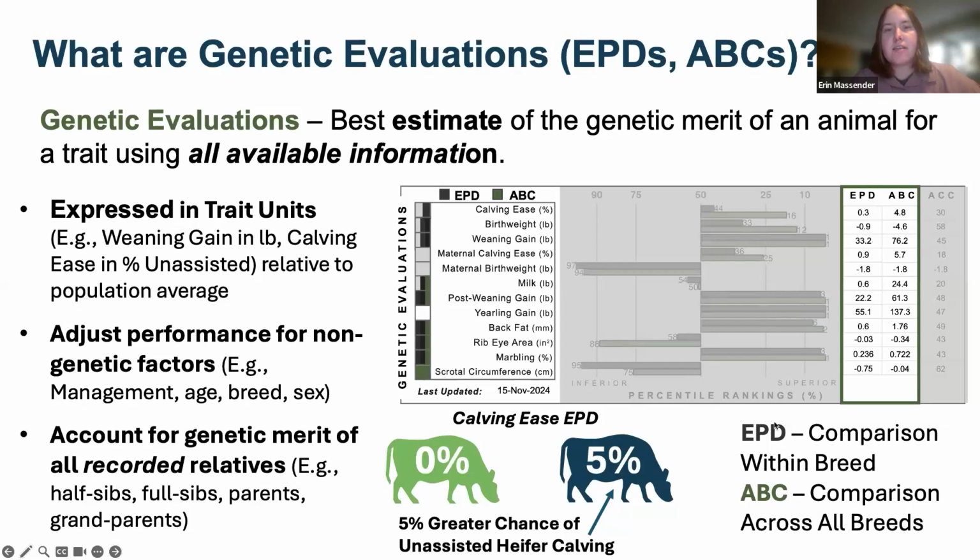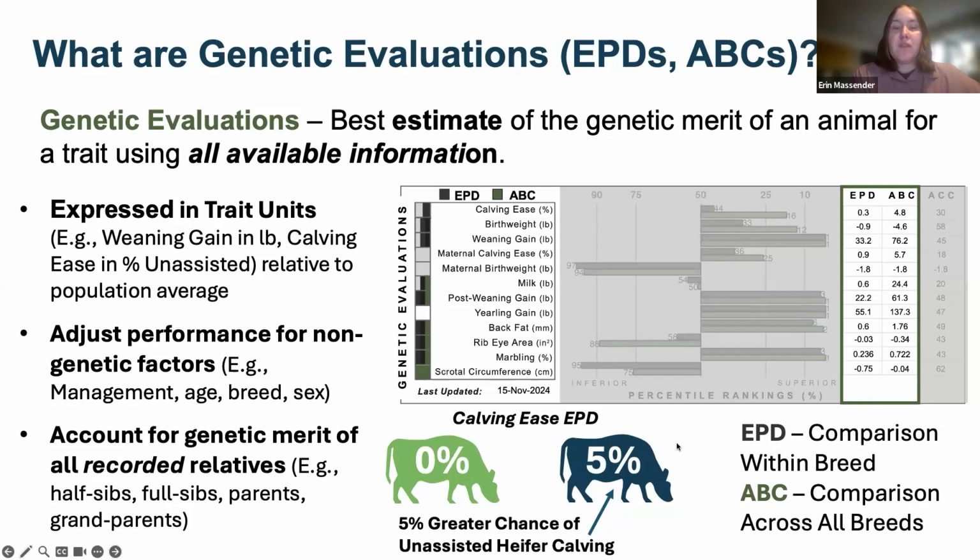So if you just look at the EPDs or ABCs by themselves, you can't actually tell whether an animal is above or below average. They adjust performance for non-genetic factors, management, age, breed, and sex, and they account for genetic merit of all recorded relatives.